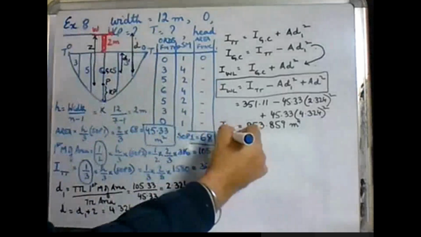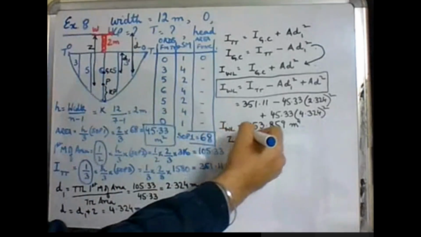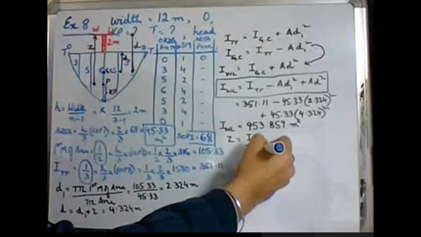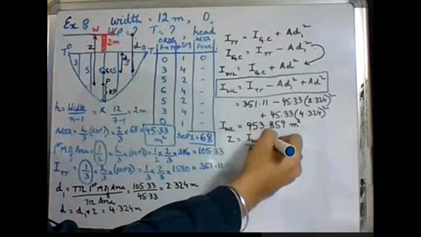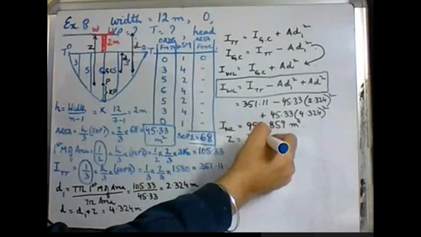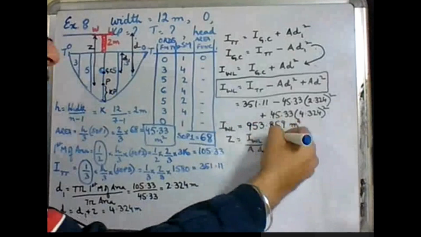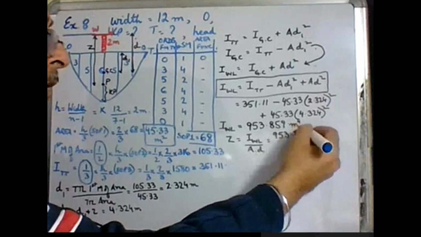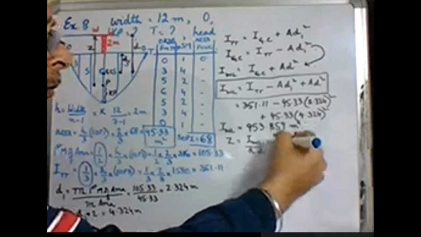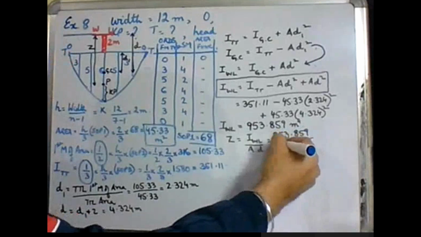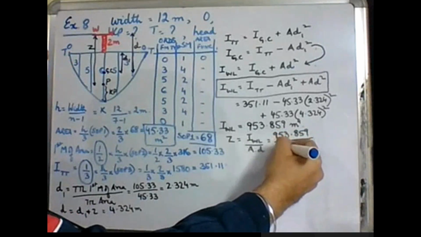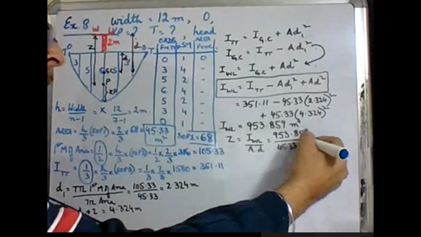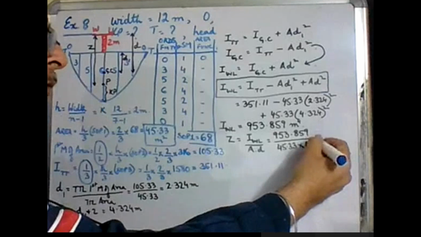So now that I have my IWL, I go to my formula. Z is equal to IWL upon AD. IWL is 953.859 upon A, which is 45.33, into D, 4.324.